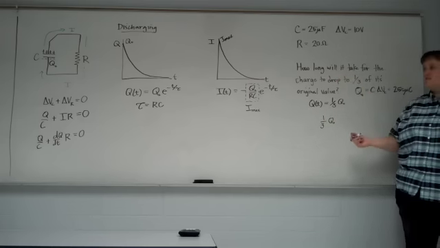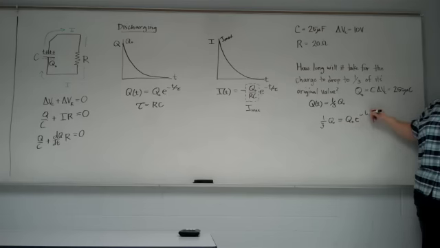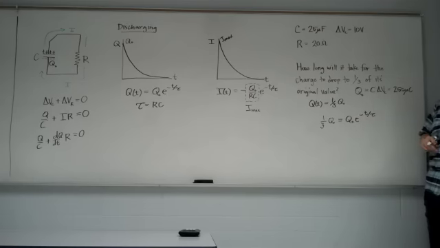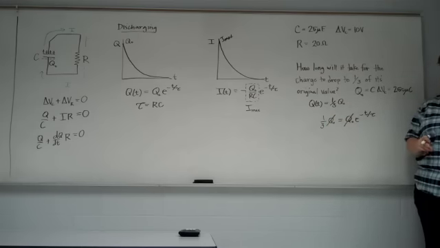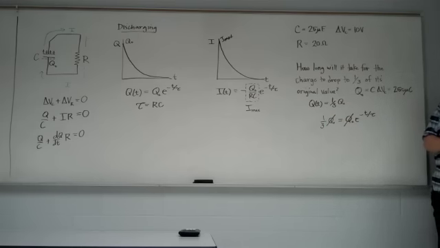That has to equal Q naught e to the negative t over tau. Doesn't matter what Q naught actually is, because the Q naughts cancel.